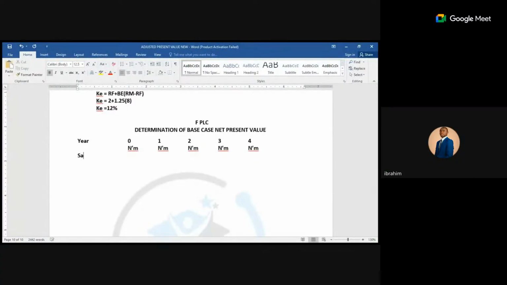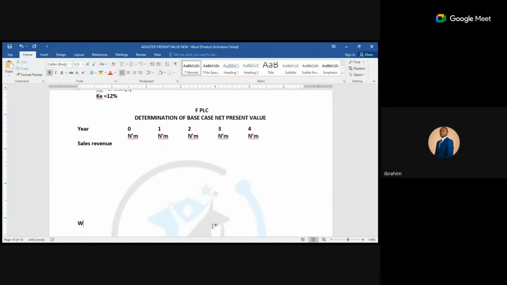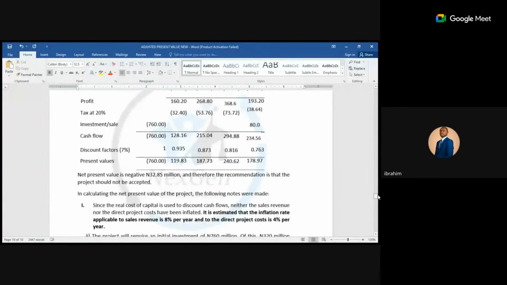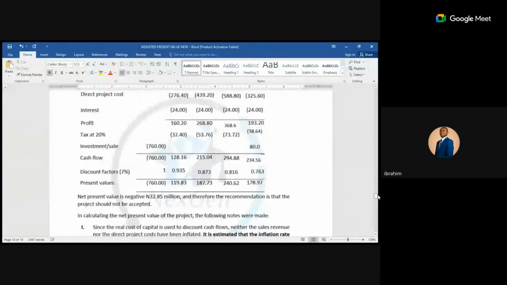So sales revenue will be inflated by how many percent per year? Workings. I will do year 1 and 2. What is the sales revenue given to us in the question? 460.60.